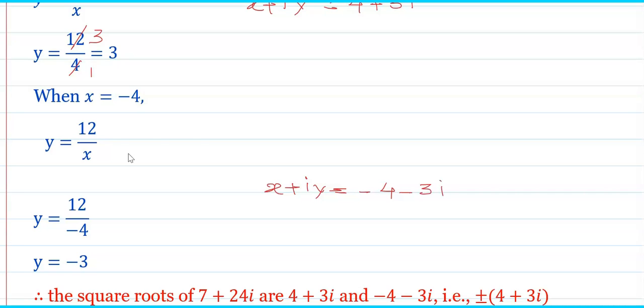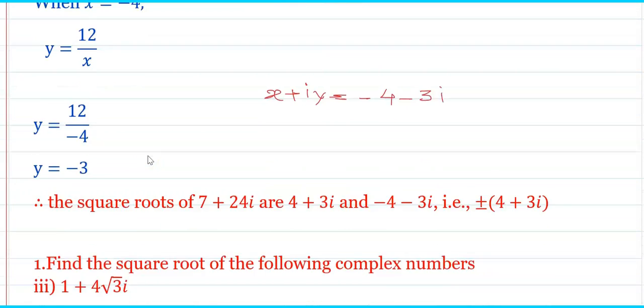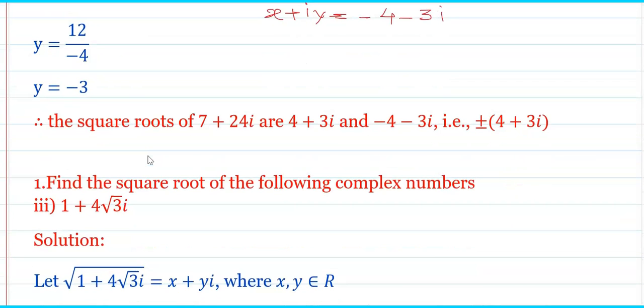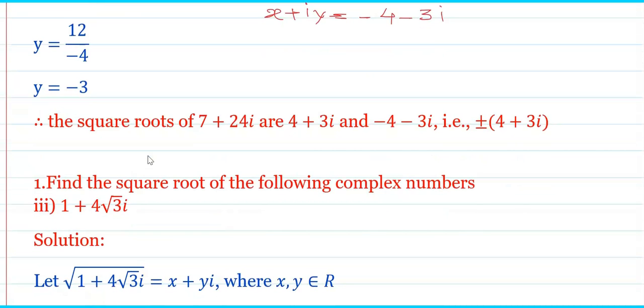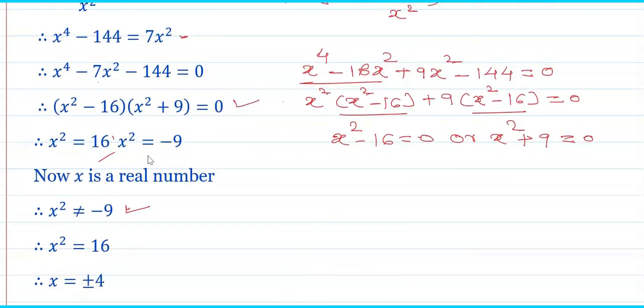Okay, and therefore the roots with a plus sign and इथे काय आहे तर minus आहे. Therefore the square root of 7 plus 24i आहे. एकदा किती आलं? 4 plus 3i आणि नंतर किती आलं? minus 4 minus 3i, or plus or minus in bracket 4 plus 3i in this way. Okay, पुन्हा एकदा तुम्ही ते बघू शकताय.